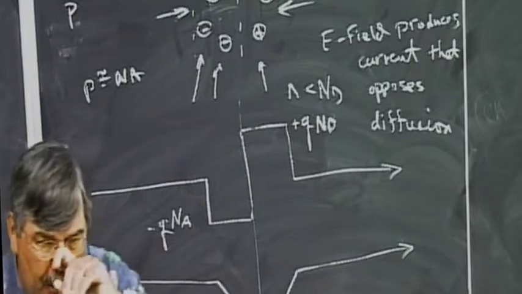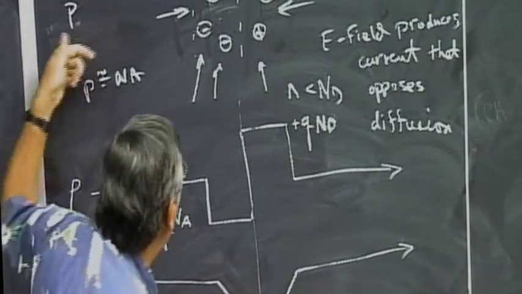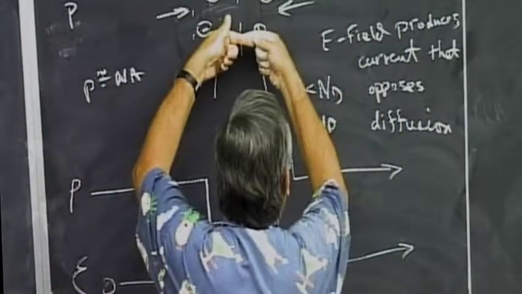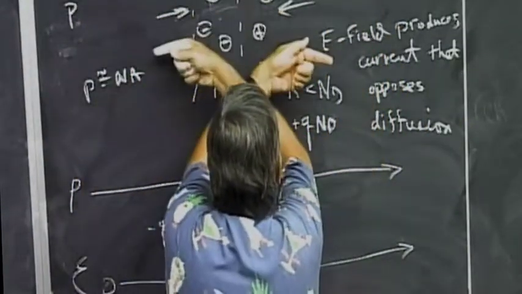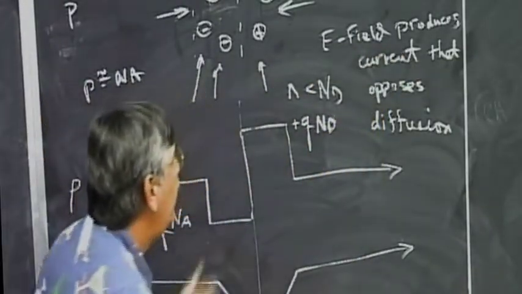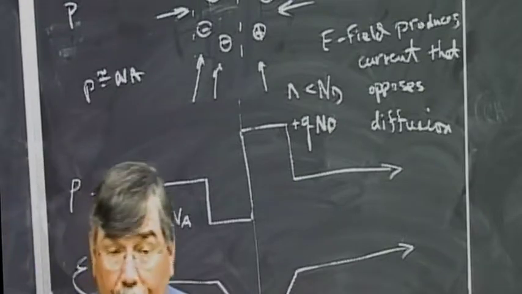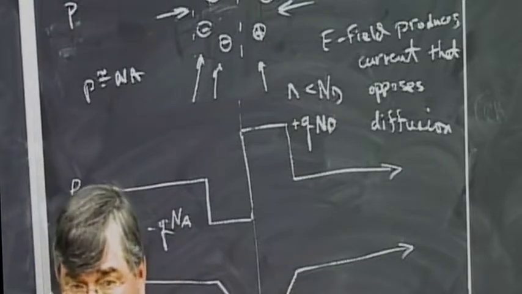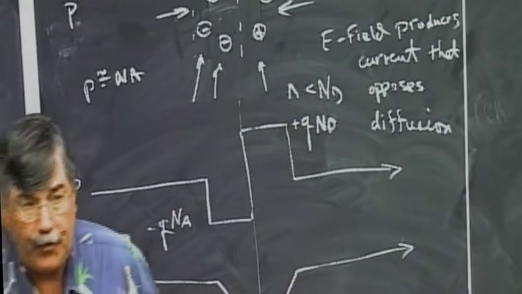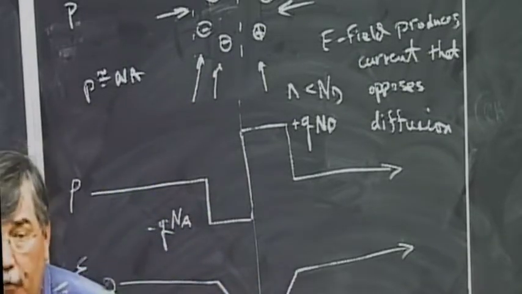So if we have this material, there's actually a lot going on. Electrons and holes are being generated. There is a net motion of carriers due to diffusion that is into and across the junction, and there is a net motion of carriers away from the junction due to the electric field. All those things are balanced. There's no net current. The net current of electrons is zero, and the net current of holes is zero.